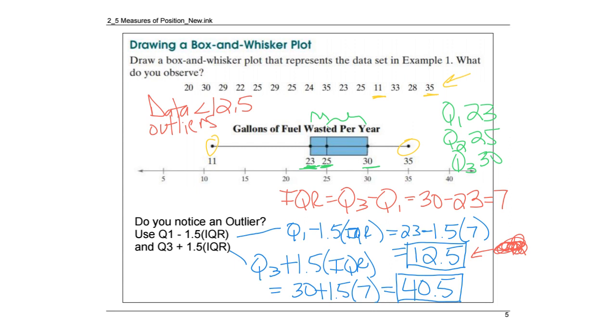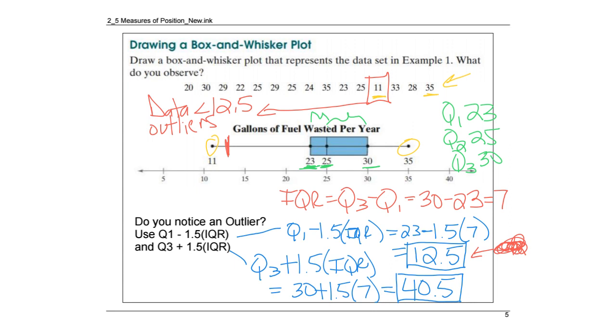So we do have an outlier here. It looks like 11 would be an outlier because it's less than 12.5. So 12.5 would be right about here. That's my mark of where I would have outliers, and that's all based on the data that's lumped together in the middle.